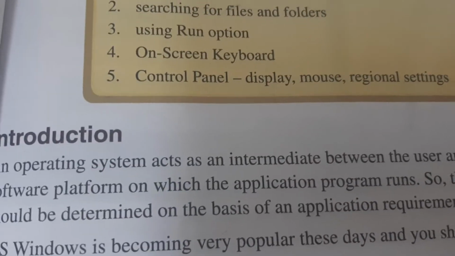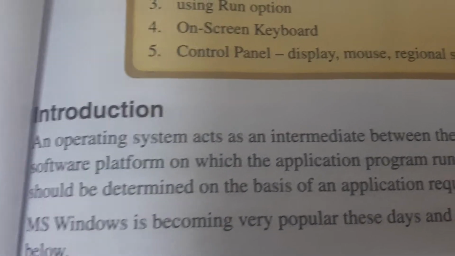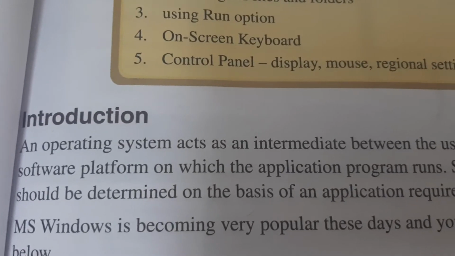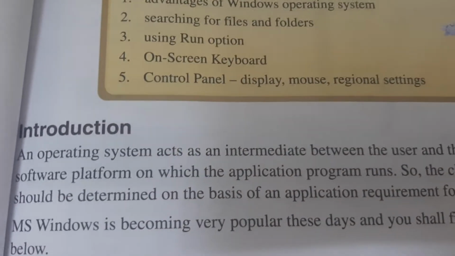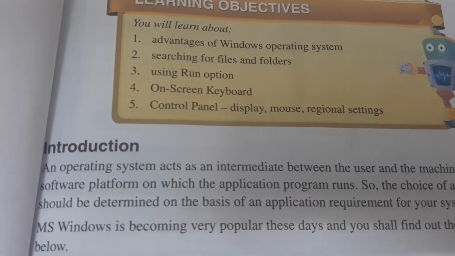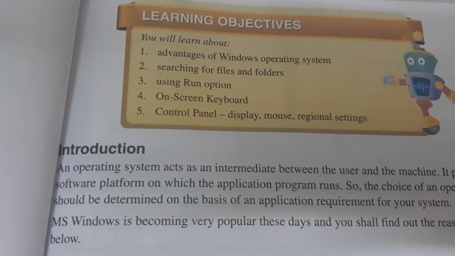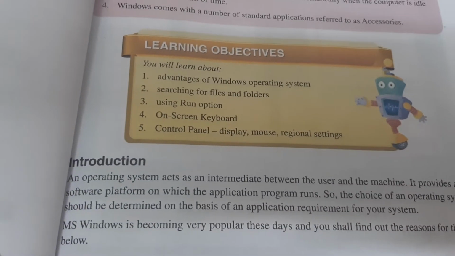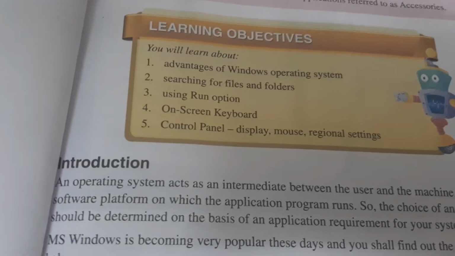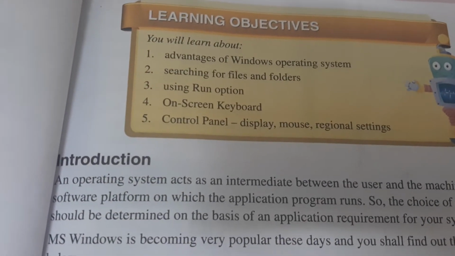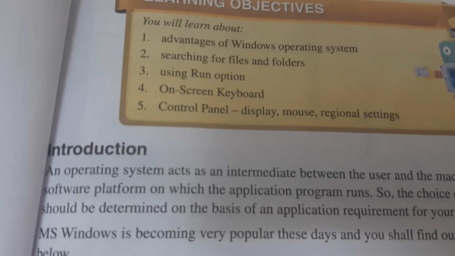Page number 27, Introduction. An operating system acts as an intermediate between the user and the machine. It provides a software platform on which the application programs run.